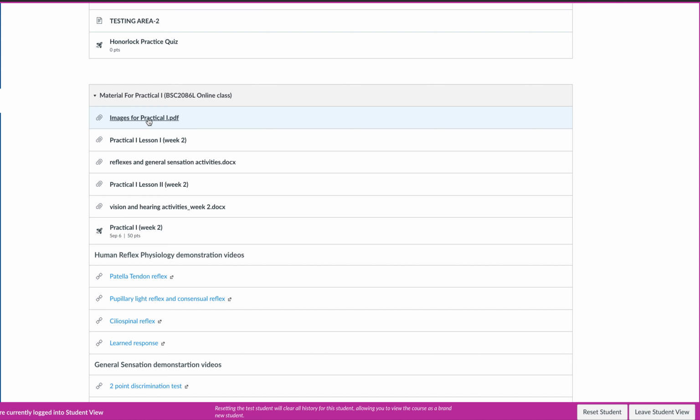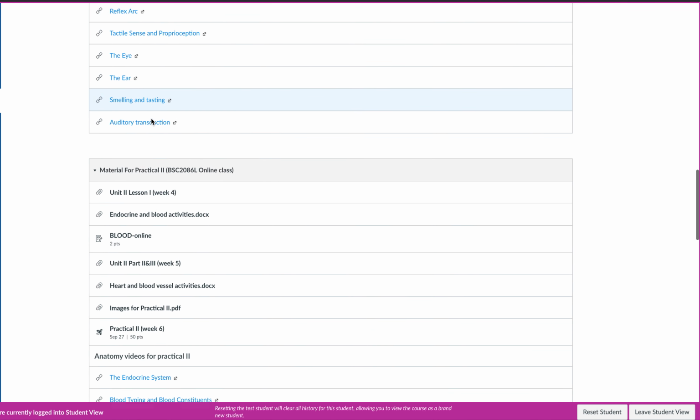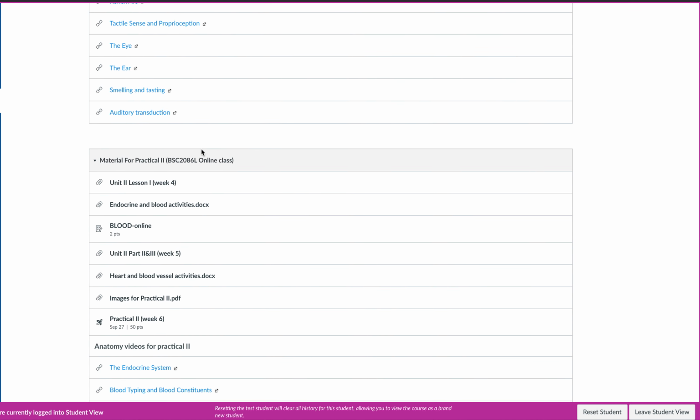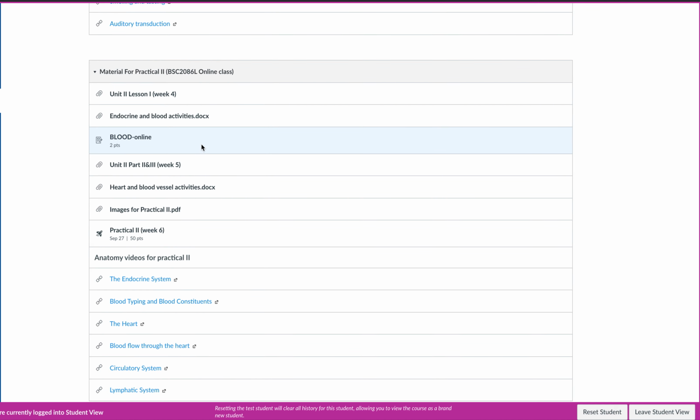So you have one here for practical 1, you have another one for practical 2, and so forth. Images for practical 2: again, this is going to be the main bulk of diagrams that you will encounter on your practical test.